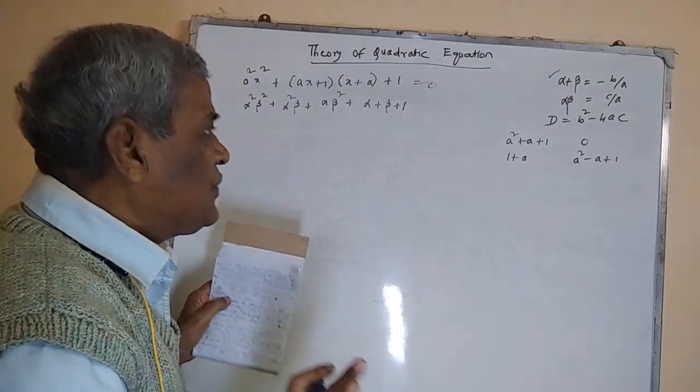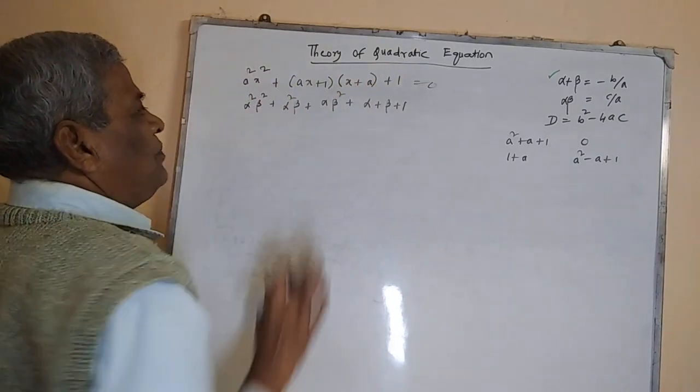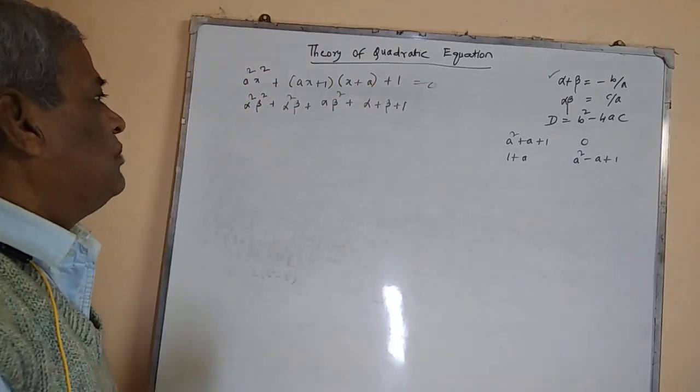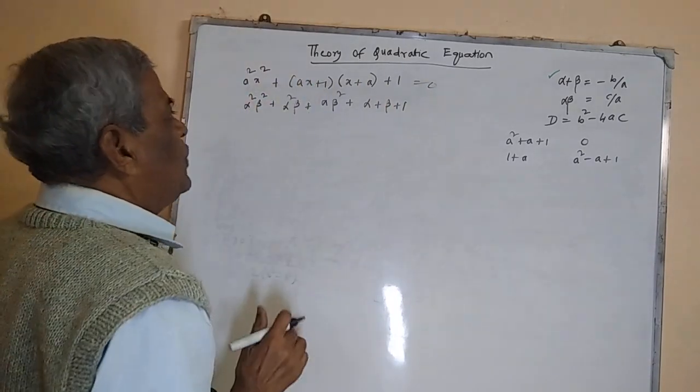The problem is straightforward. This is a quadratic equation. It has two roots alpha and beta, and we need the value of this expression. So simplify the quadratic equation.